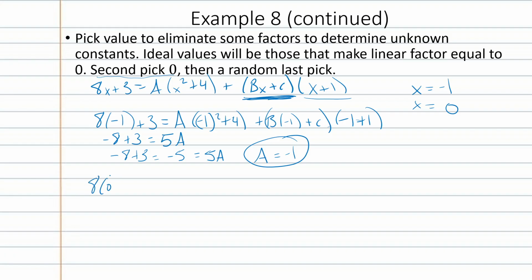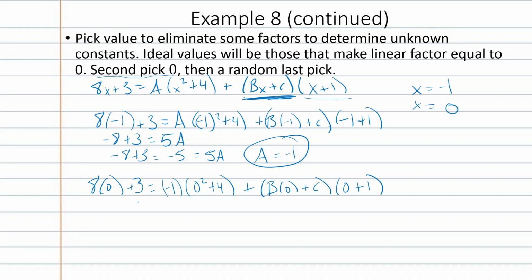So I'm plugging in 0 for x, so it's going to be 8 times 0 plus 3 equals, I'm going to plug negative 1 in for a, 0 in for x, so it's 0 squared plus 4, plus b times 0 plus c, and then 0 plus 1.